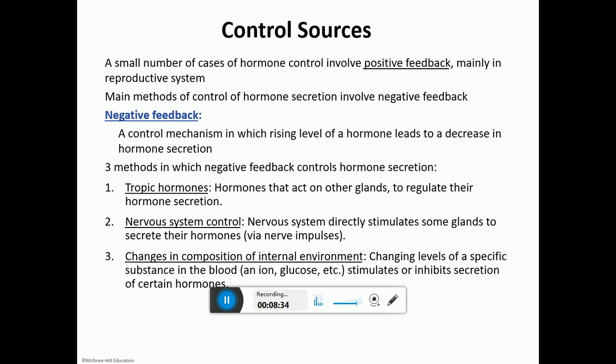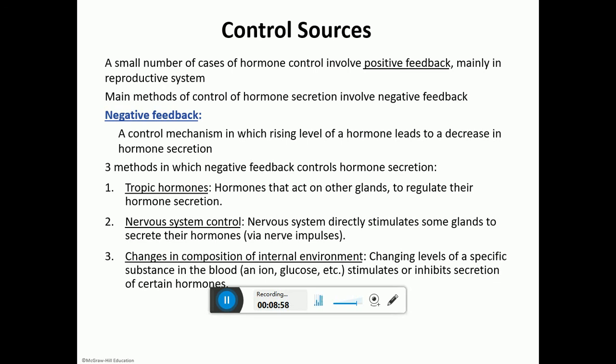So that is really your example of positive feedback, where instead of stopping the secretion of the hormone, because we already have enough in the bloodstream, that doesn't happen in this case, but we have to keep on pushing with more and more oxytocin until we reach the final goal of delivery of that fetus.